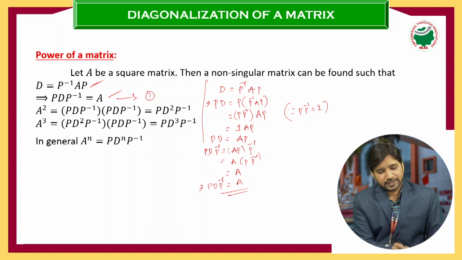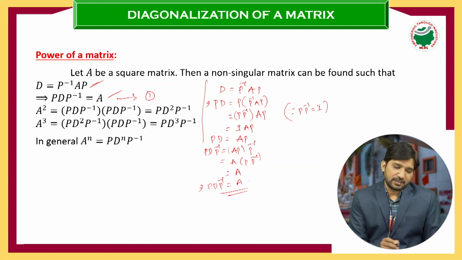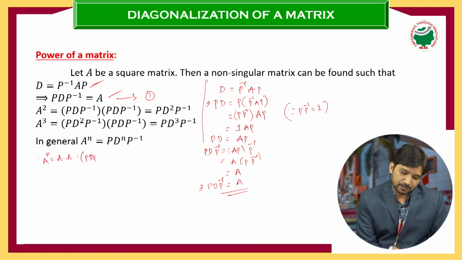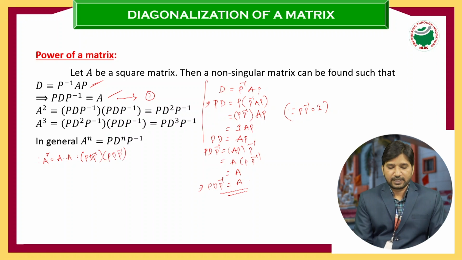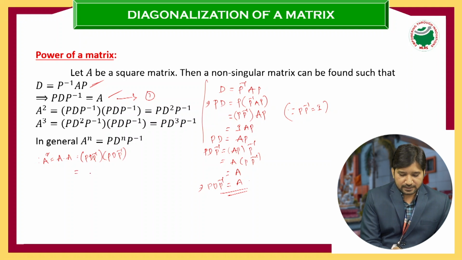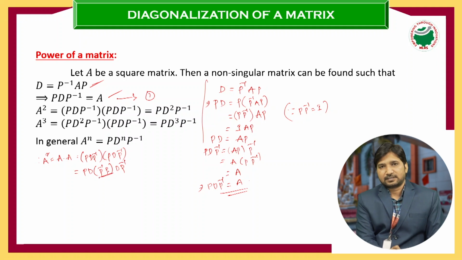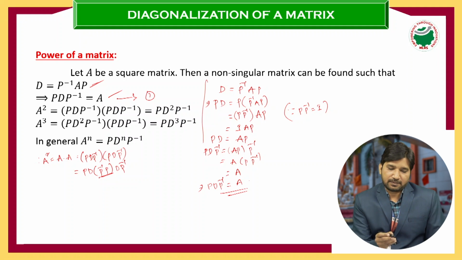A square equals A into A, that is PD P inverse into PD P inverse. This can be written as PD into P inverse into P, D into P inverse. Here P inverse into P is the identity matrix I, and I into any matrix is the same matrix itself.